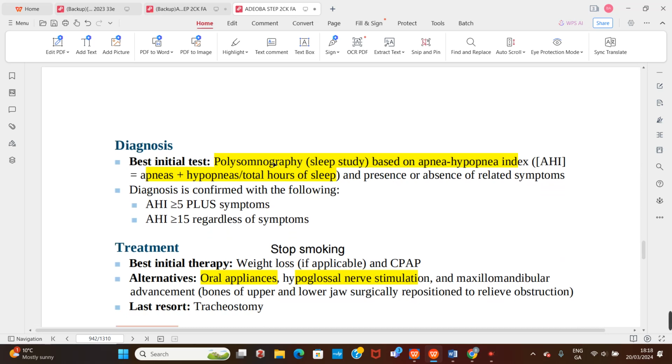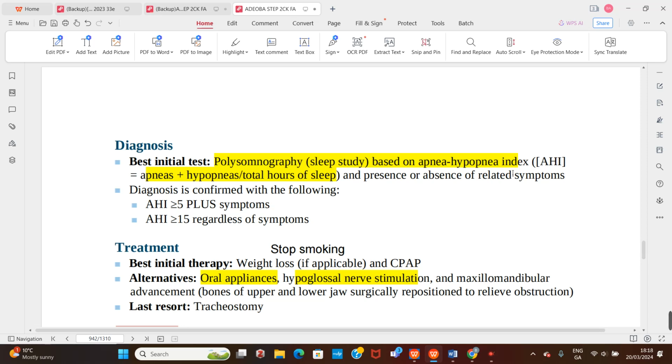And what we are trying to measure is the apnea-hypopnea index. When they are sleeping in the hospital, we are going to be measuring the period of the apnea and the period of the hypopnea, and we are going to marry them together and divide it by the total hours of sleep.